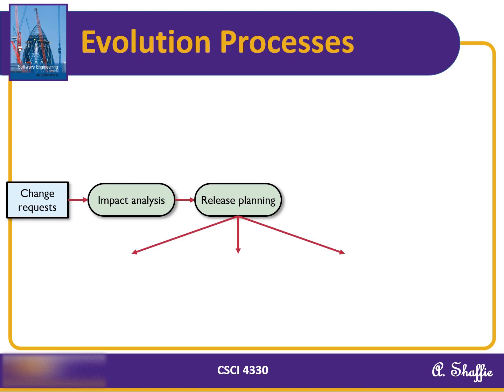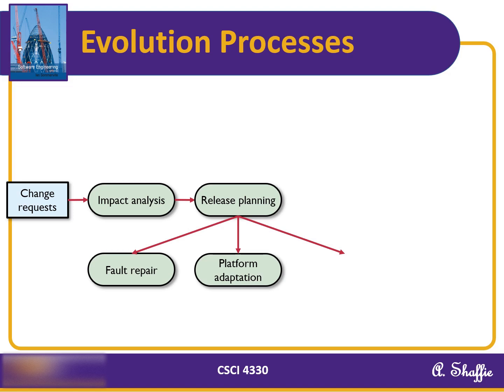During this phase, all proposed changes such as fault repairs, platform adaptations, or the addition of new functionalities are carefully considered and prioritized. Fault repair is clear, system enhancement is clear, but what do we mean by platform adaptation?